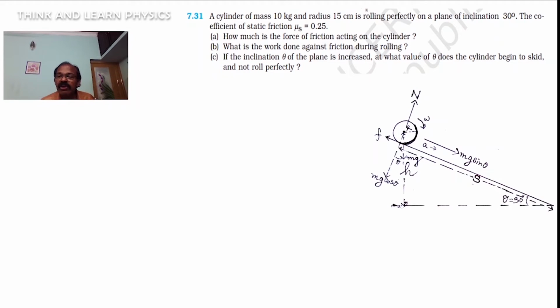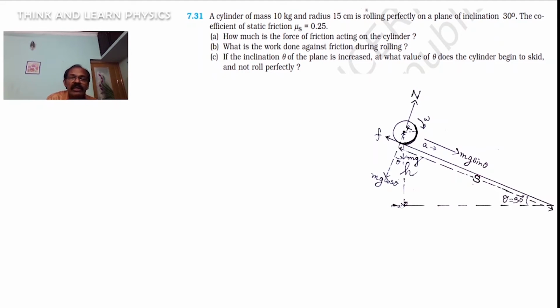The weight mg of the cylinder acting in the downward direction can be resolved into two: mg cos theta perpendicular to the plane and mg sin theta parallel to the plane. The normal reaction n is equal and opposite to mg cos theta. It is in the upward direction. So the force of friction will be the coefficient of friction into n.